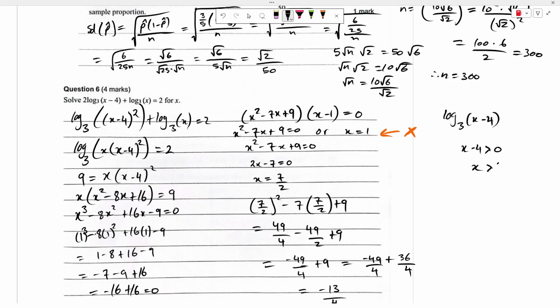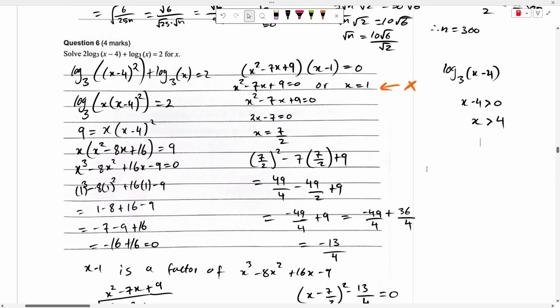So x has to be greater than 4. And of course, there's the other one as well. There's a log base 3 of x. So anything inside a log has to be greater than 0. So x has to be greater than 0. But you can see that if x is greater than 4, then x is already greater than 0. So we don't need to worry about the restriction on this one too much. But the main thing is that x has to be greater than 4.